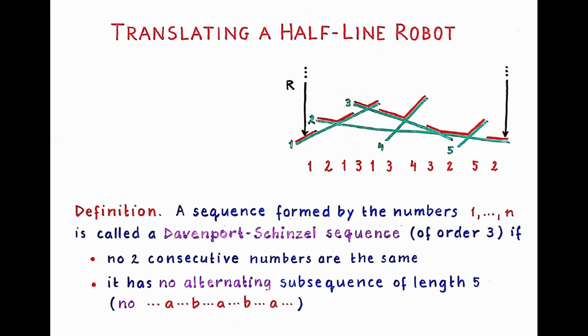And to describe the possible movement of that stick, again, we need to know something about the complexity of the picture.